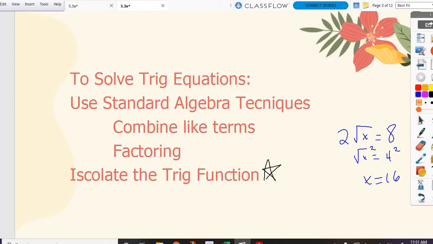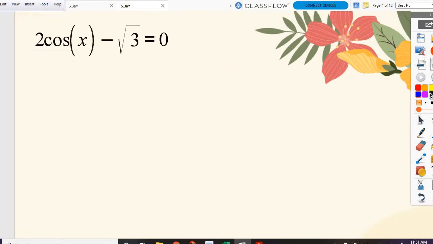Okay, let's look at an example. So here we have a cosine. We have 2 cosine x minus the square root of 3 equals 0. Again, we're trying to figure out what x values make that statement true. It just happens to be, because we have a cosine, we're specifically dealing with angles instead of just numbers.